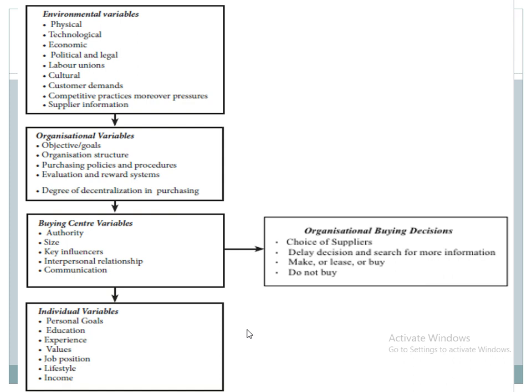So the functioning of the buying center is influenced by the organizational variables, the environmental variables, and the individual variables as well. The output of the group decision making process of the buying center includes solutions to the buying problems of the organization and also satisfaction of personal goals of individual members of the buying center.